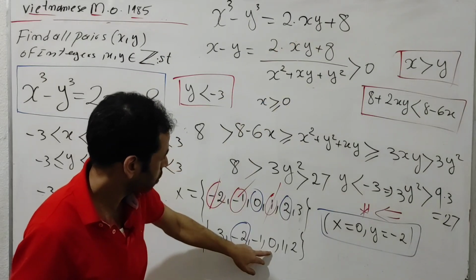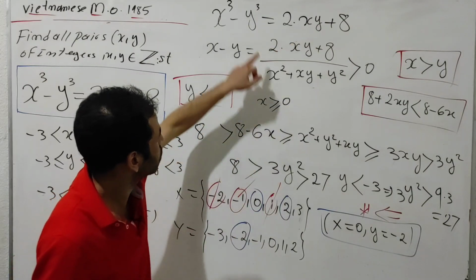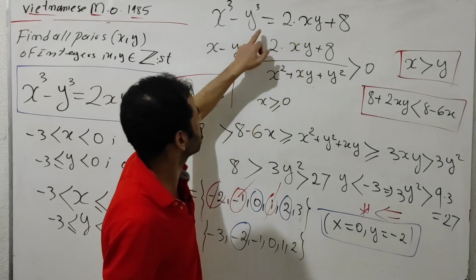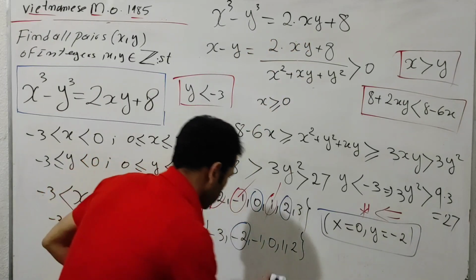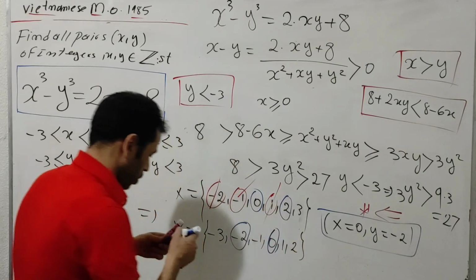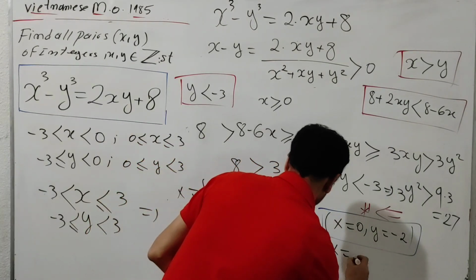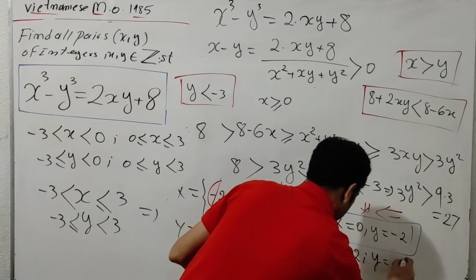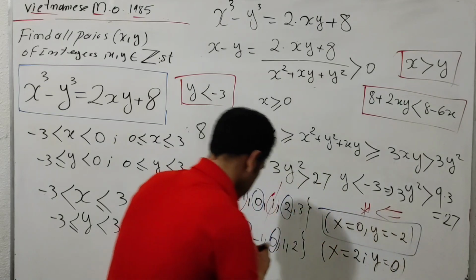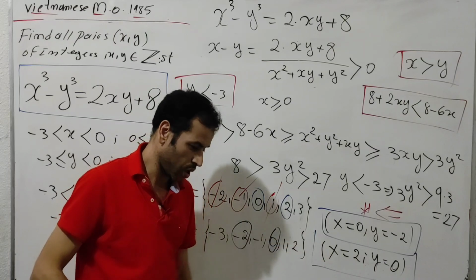I'm going to replace y with 0. We'll get 0 here, 0 here, that means we have 0 equals 0. So 2 will be a solution as well. We find x equals 2 and y equals 0. These are the only two solutions that we have.